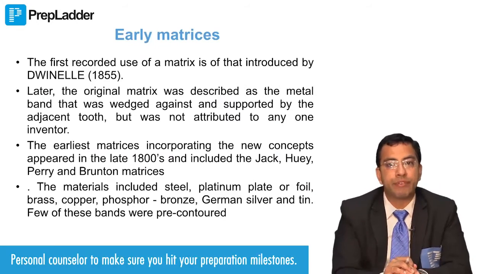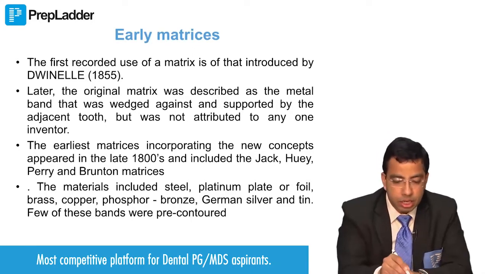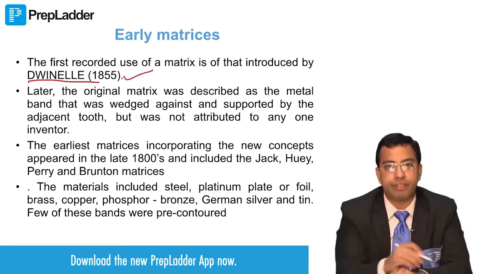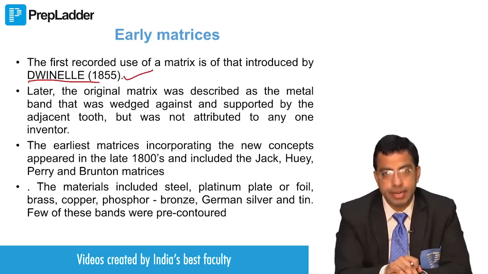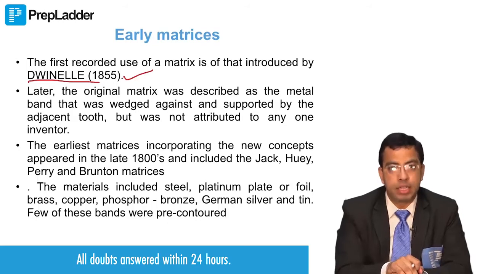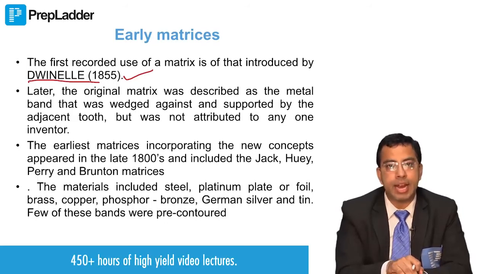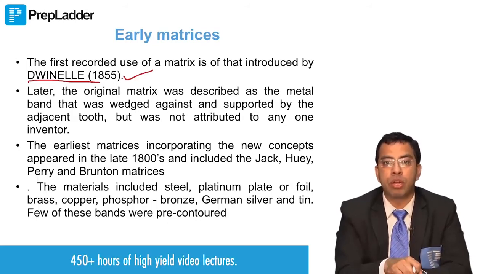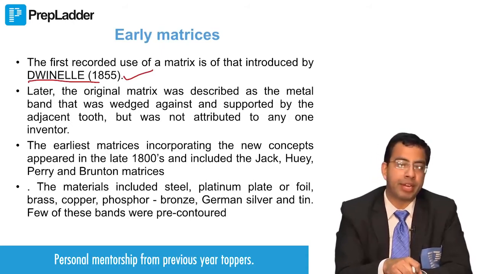Early matrices. The first recorded use of the matrix is that introduced by Dwinell in 1855. Later, the original matrix was described as the metal band that was wedged against and supported by the adjacent tooth, but was not attributed to any inventor.